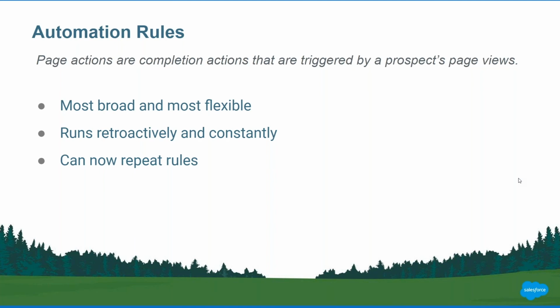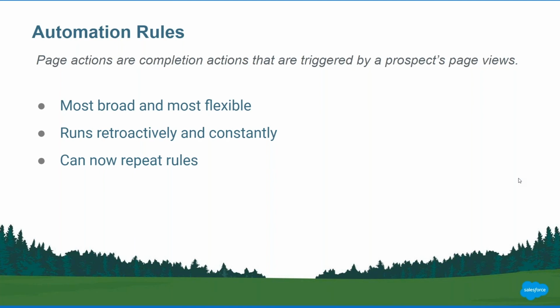So if your action is to add to that list and you meet the criteria, you're going to get added to the list. But once you no longer satisfy that criteria, you're not going to be removed from that list unless you have another automation rule that removes you from that list. So the problem here is that if you want a self-managing prospect list and you use automation rules, each time you want that list to be automatically populated, you're going to set up two sets of rules.